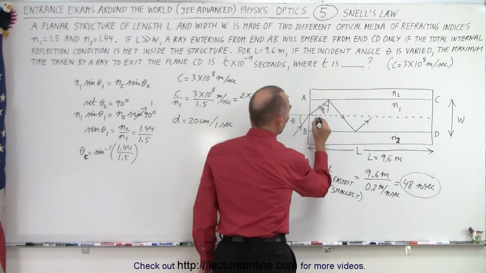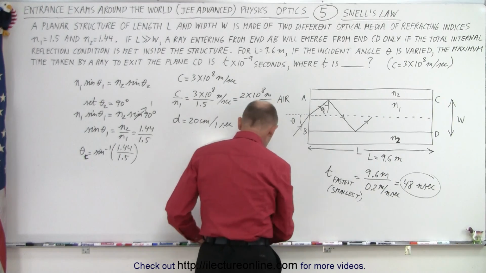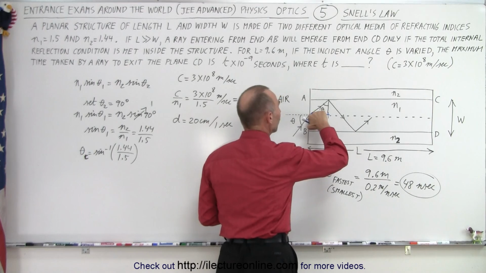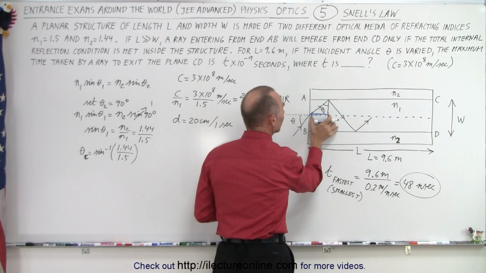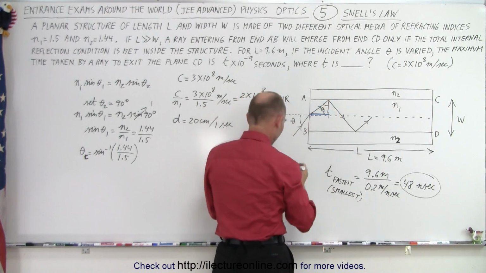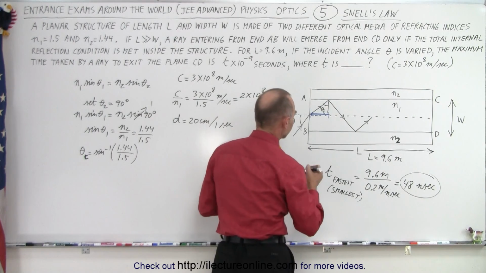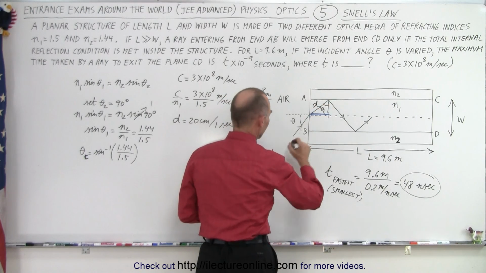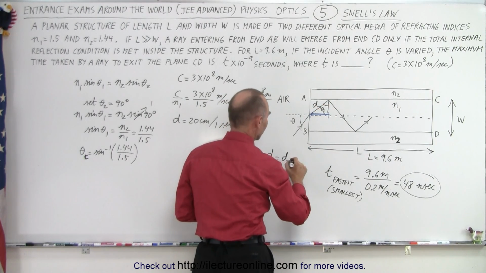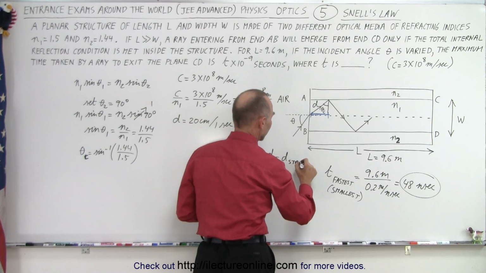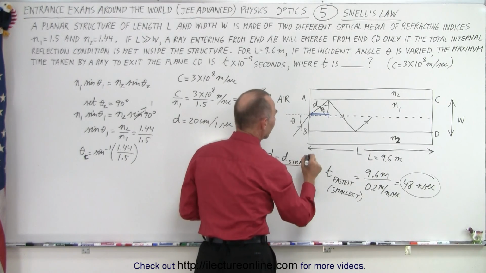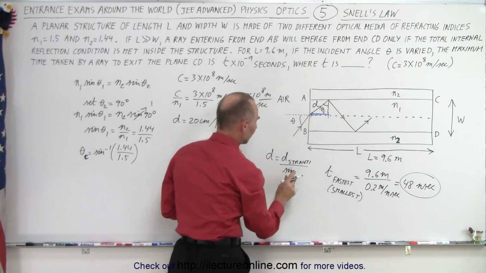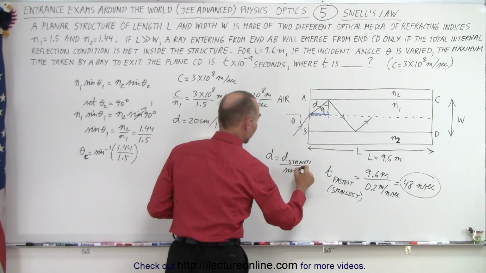Because when you think about it, we're interested in finding this distance right here of the triangle. How far is this distance? So when you travel this distance, how do you calculate that distance? You can see here that the true path, the distance that you travel along here, is equal to the distance on the straight path divided by, since that's the opposite side, the sine of the critical angle.